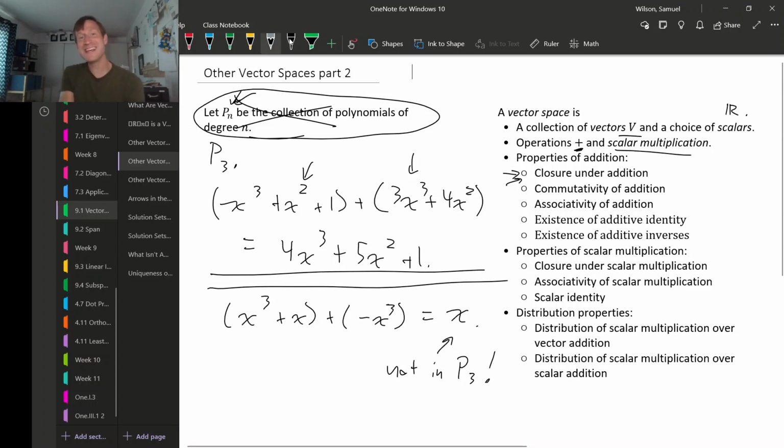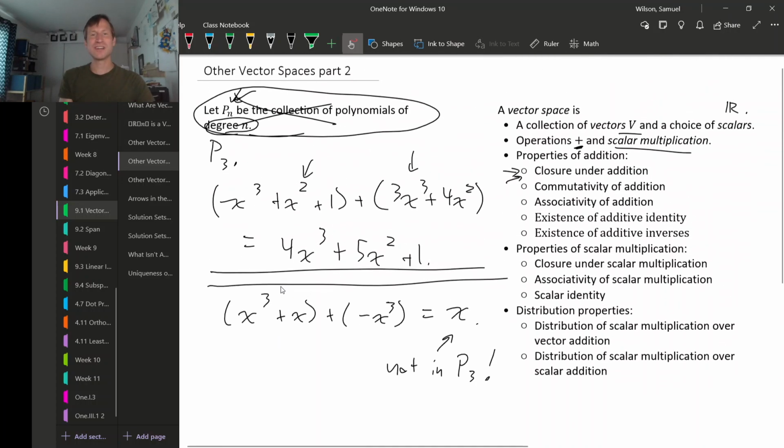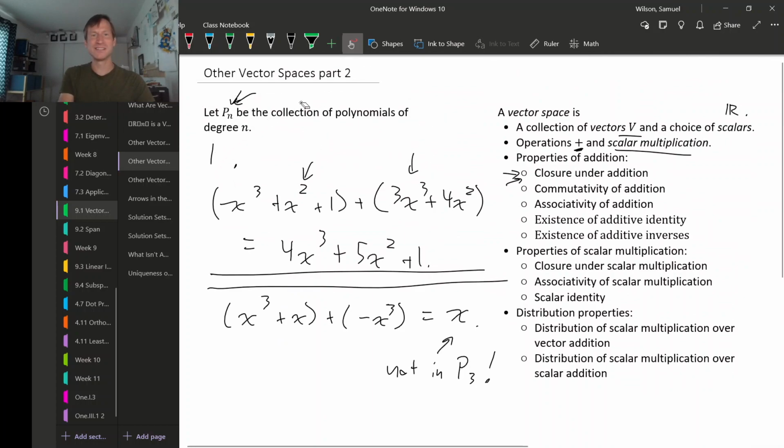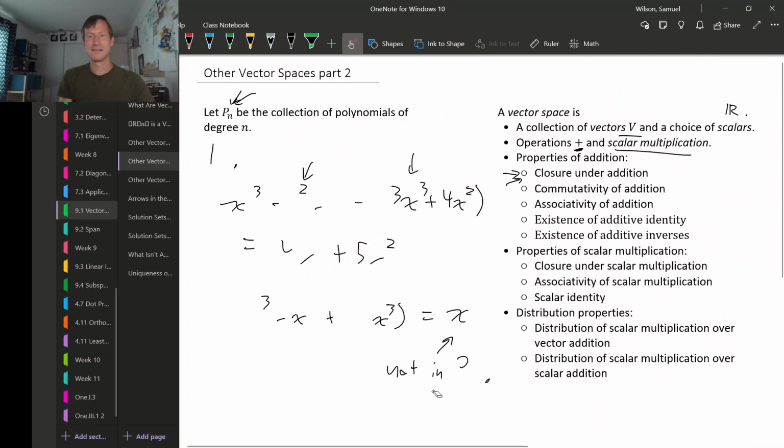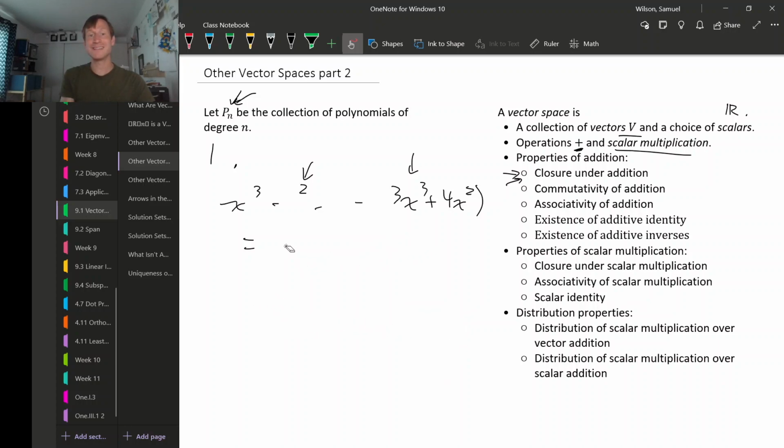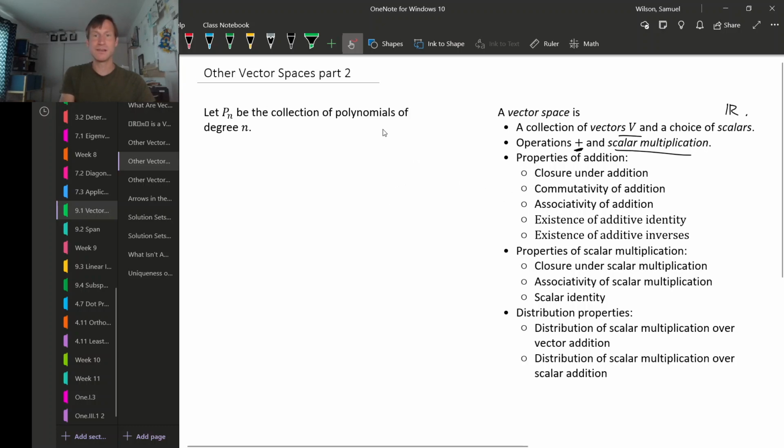Clearly, the mistake that we made when we made this definition is that we insisted the degree be exactly n. So let's change our definition. Forget all of this. Instead of having the polynomials of exactly degree n, let's have the polynomials of degree less than or equal to n.